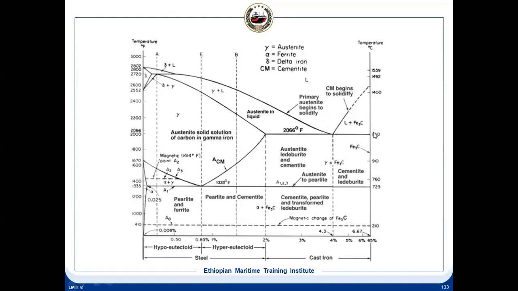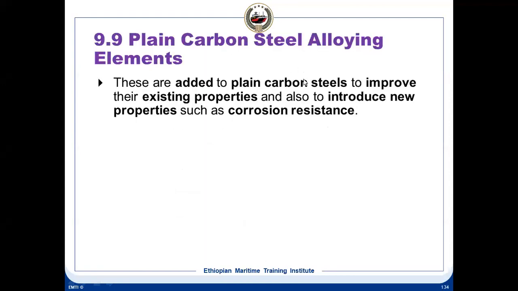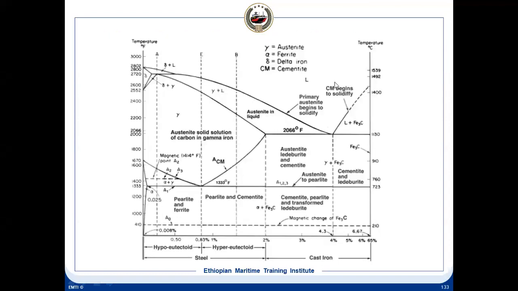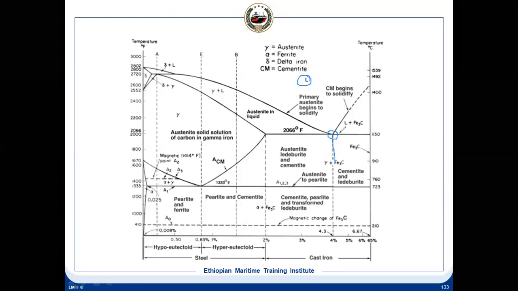We have seen the eutectic temperature. Above the eutectic temperature, it was liquid, and here also it is liquid. This is the lowest point where solid becomes liquid, that is the melting point of this solid.